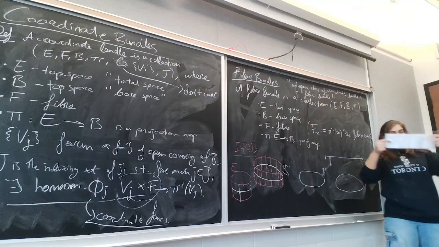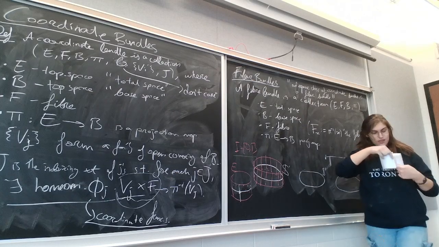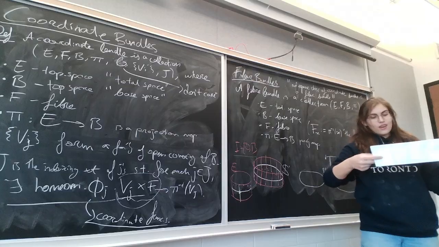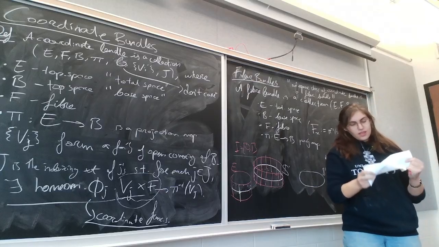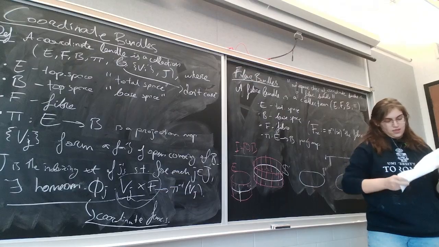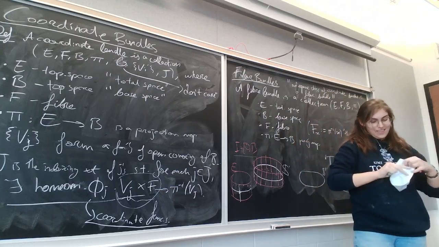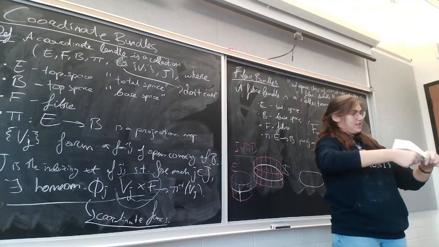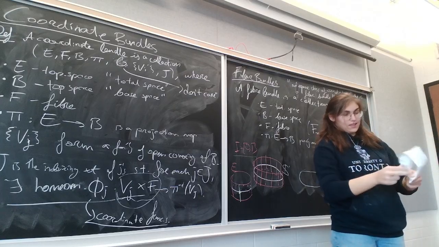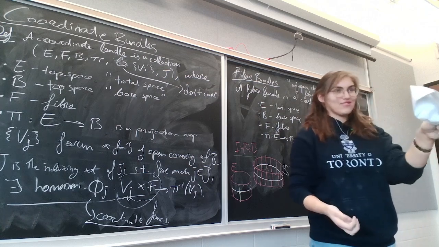But this needs to stick with this one. So I can do this, or I can turn it a little bit, and then stick it. Now if you were to do this, you will get the Mobius strip.